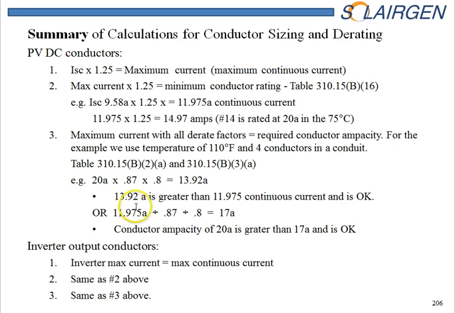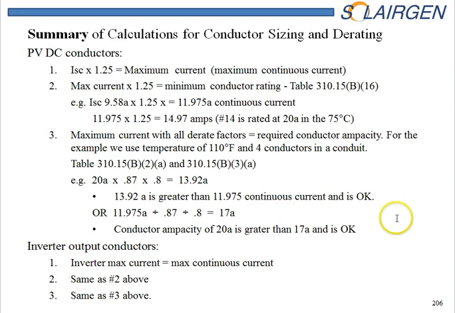And since the 13.92 is still greater than 11.975, it's okay. So we're in good shape. There's an alternate way to make these calculations. You could have taken the continuous current divided by each one of these derate factors, and that gives you the ampacity requirement of the conductor, which of course is 20 amps. So that's another way to look at it.